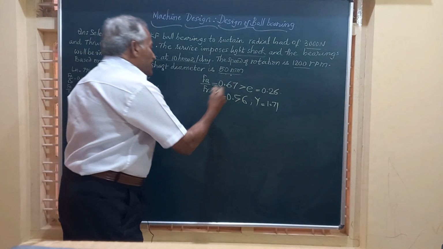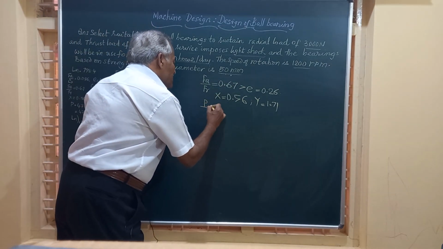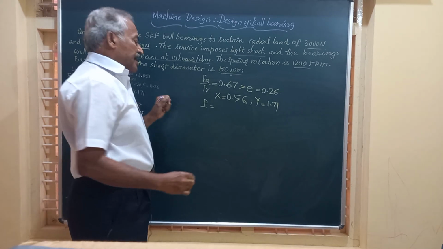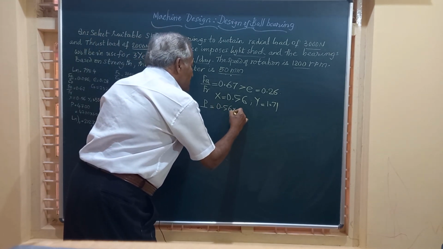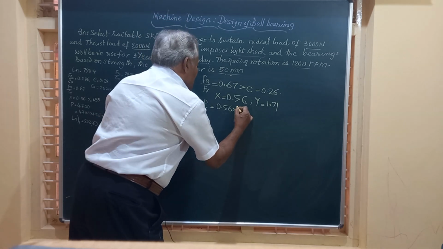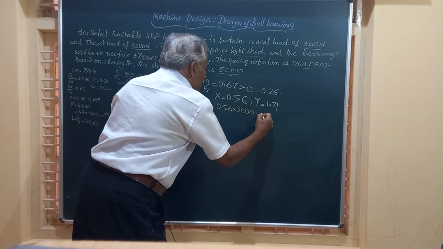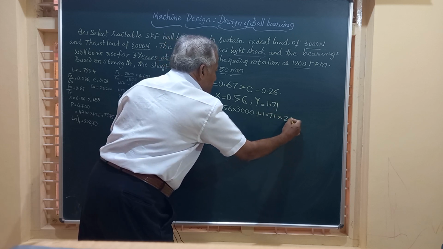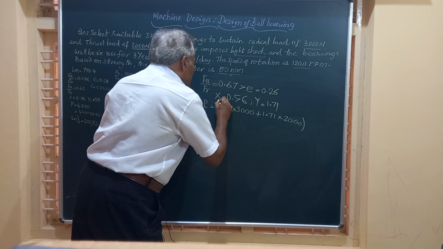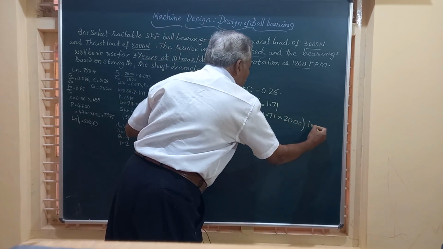So friends, we can find out what is P, the equivalent of radial and axial loads: X FR, 0.56 into FR, which is 3000, plus Y times FA, with FA being 2000. And here itself I am going to multiply this by 1.25.